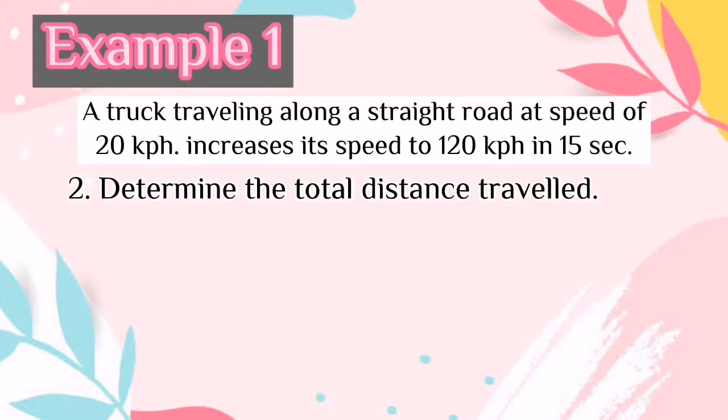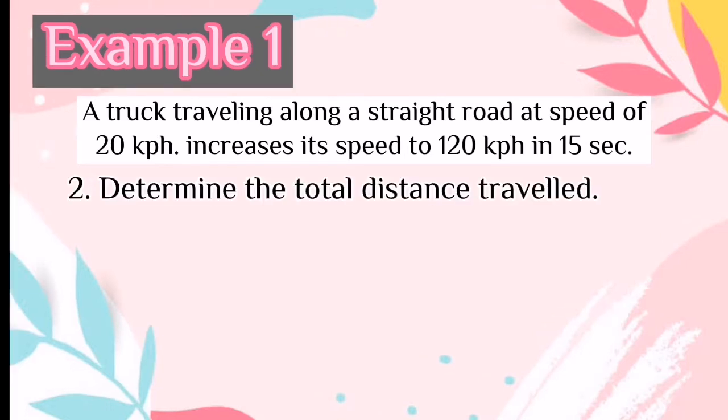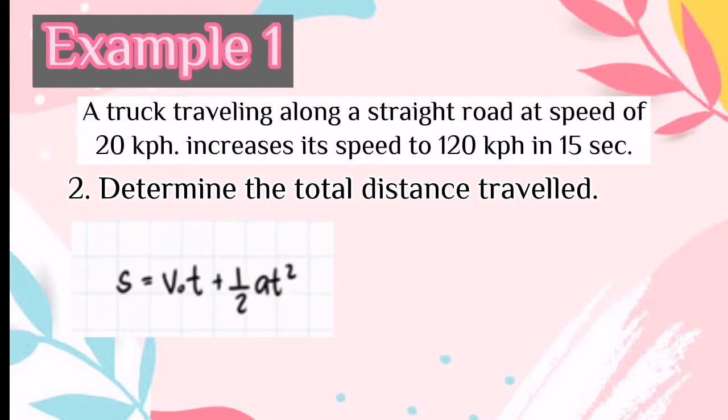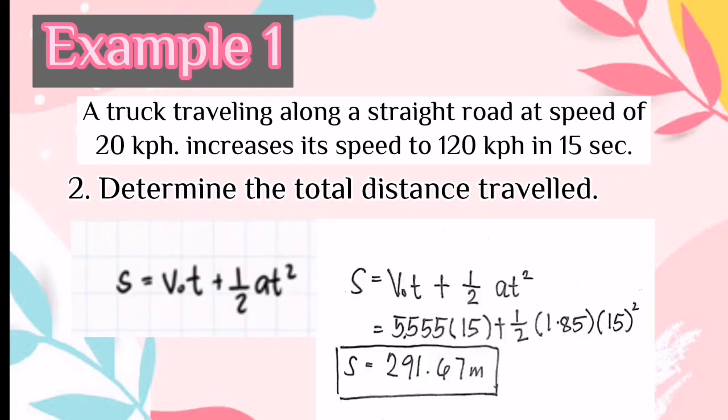For question number 2, determine the total distance traveled. We will use the equation of displacement, and then let's do the substitution. Then, after that, we can get the result, which is 291.67 meters.